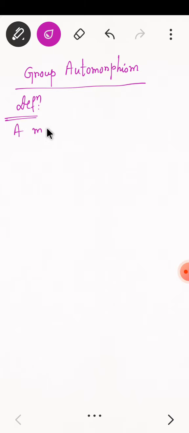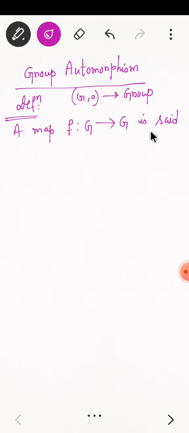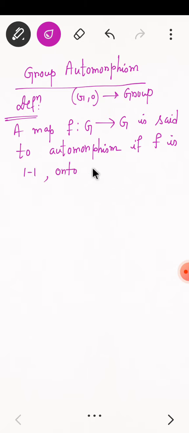A map A from G to G, where G, comma, composition is a group, is said to be an automorphism if F is one-one, onto, and a homomorphism.